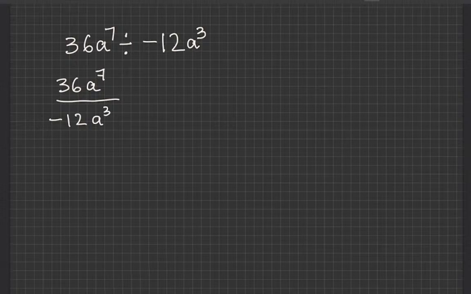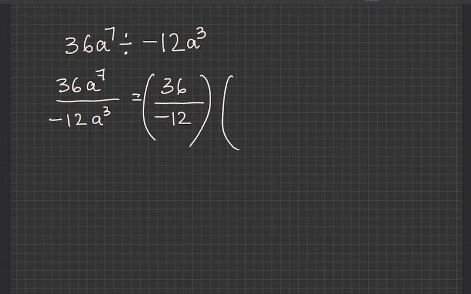Now what do we do? We just group the numeric coefficients, that is 36 divided by negative 12, and then we have a to the power 7 by a to the power 3.